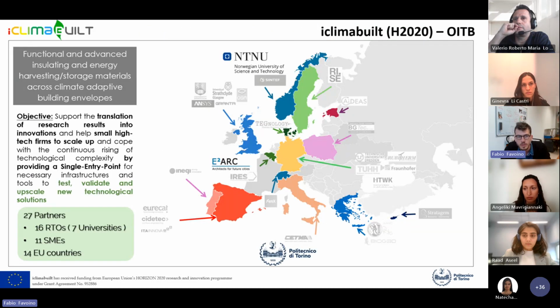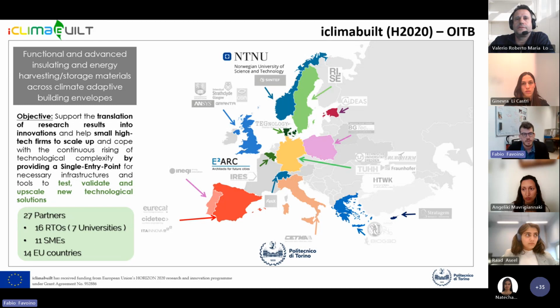So a brief introduction to the European project. The objective of the Iclimabuilt project, the full title is Functional and Advanced Insulating and Energy Harvesting Storage Material across climate adaptive building envelopes.